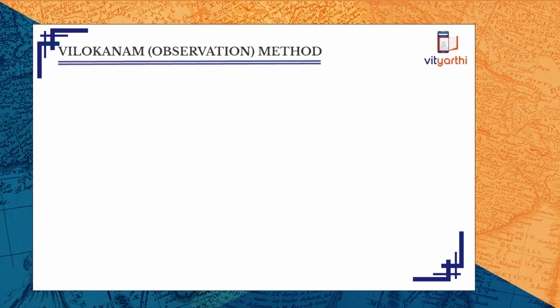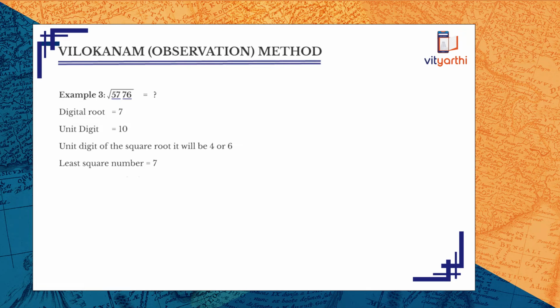Square root of 5776. Again, we can make two partitions. Find the value of B. It is obvious that we can have B equals either 4 or 6. What is the value of A? So the value of A is 7. Now we have to find out the value of AB. The value of AB can be 74 or 76.